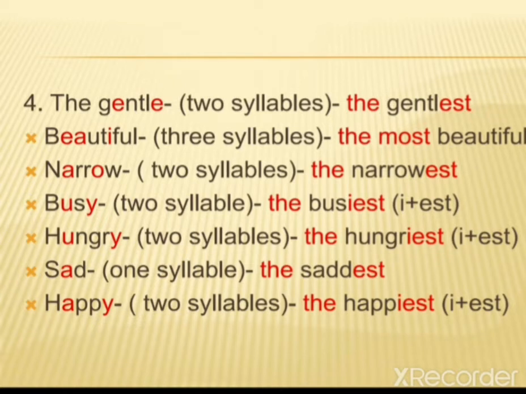But it's not so. In English grammar, if the adjective ends in a y, we always change it to iest. We never use most with y. We can only change the y to i and add est to it.